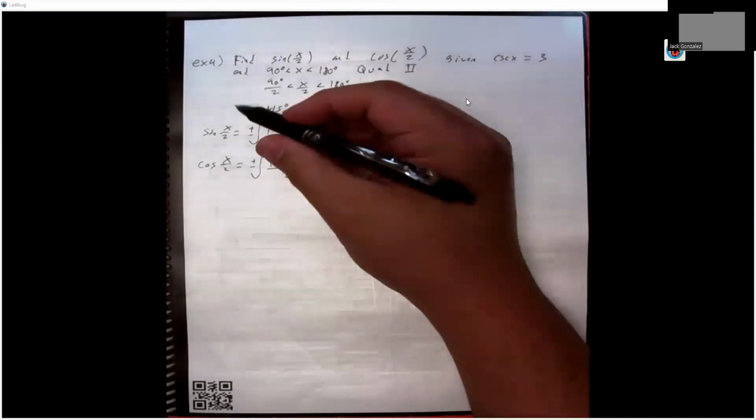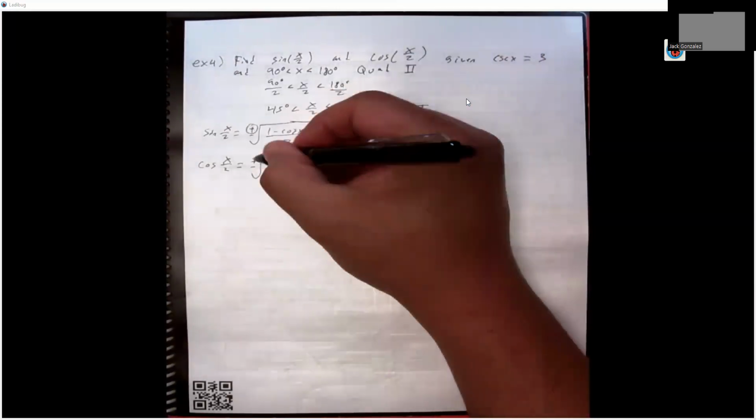Since this is in quadrant 1, is sine cosine positive or negative there? So because of that, we choose the positive version of the formula.